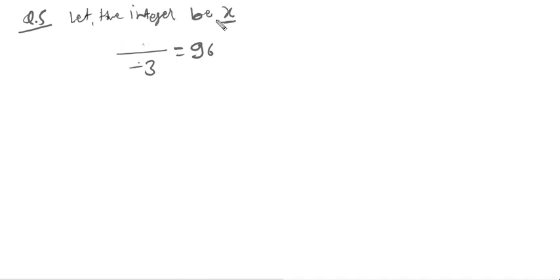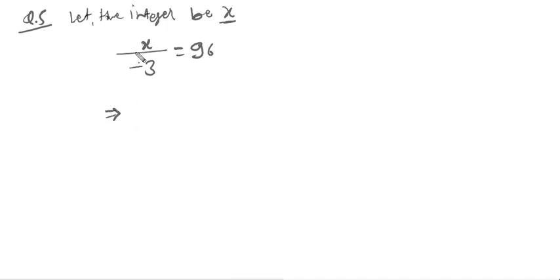When an integer is divided by minus 3, it gives 96. We do not know the integer here, right? So let the integer be x. Let us take x.